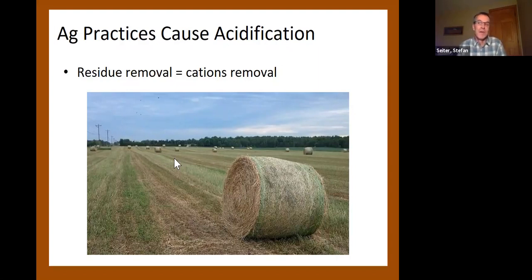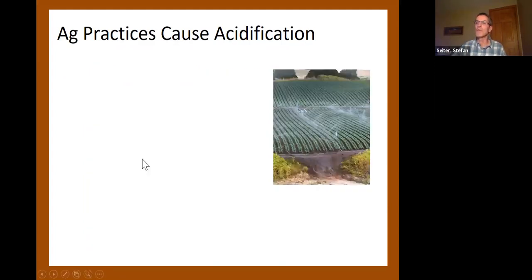Should they take up the straw and sell it, but then have to fertilize a lot more, especially with potassium, or have more of a no-till system and leave the straw in place, maybe chop it up and leave it in the field, and then fertilize less? That's a choice that some commercial growers make. In some years it's better to sell it, some years it's better to leave it. But whenever you remove a lot of the residue, you acidify the soil as well.